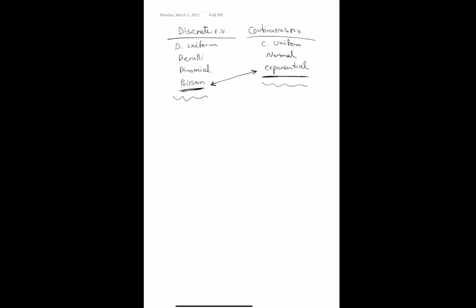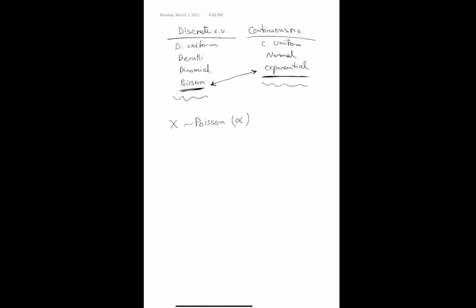The ones that we learned in these two videos so far are related to the Poisson random variable. A Poisson random variable X usually has a Poisson distribution with parameter alpha.